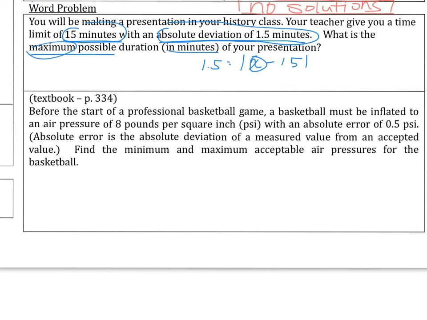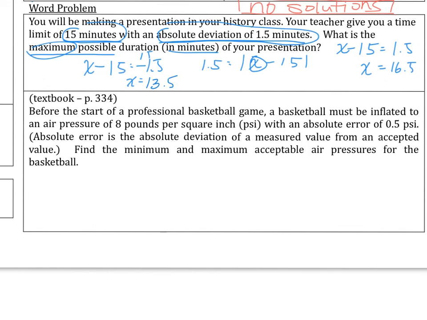So here we have x minus 15 equal to 1.5, and x would equal 16.5. And for the other one, it will be x minus 15 equal to negative 1.5, and x would equal 13.5.